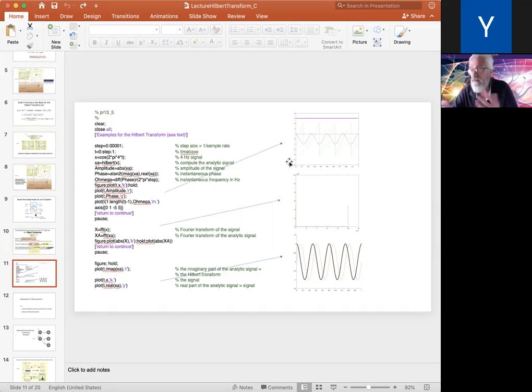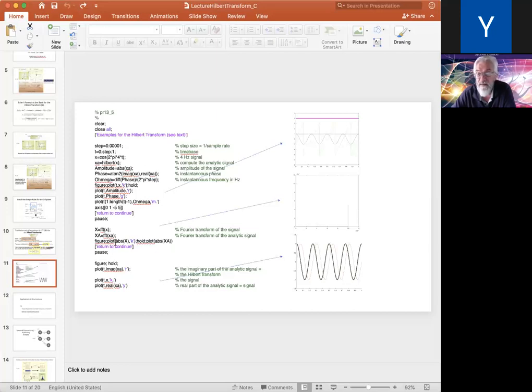And as you can see, there is no big surprise here. This is all pretty much what you would expect. Then here I go and compute the FFTs of both the signal and the analytic signal.